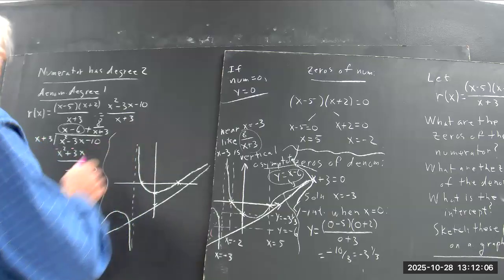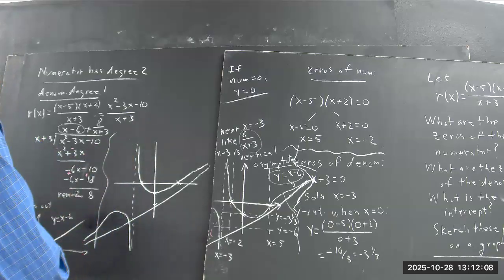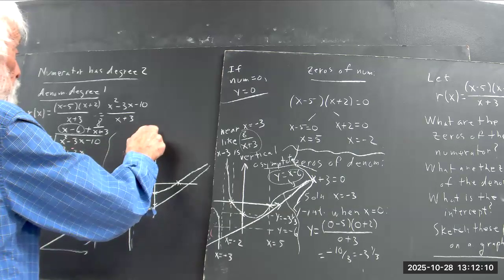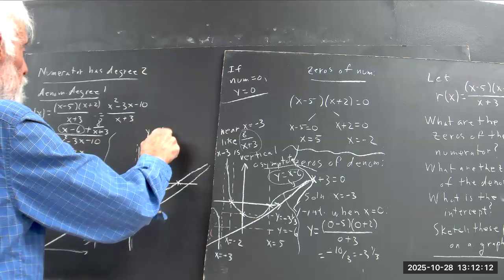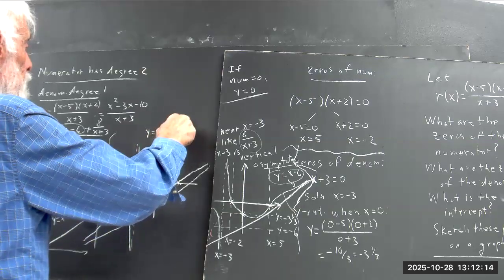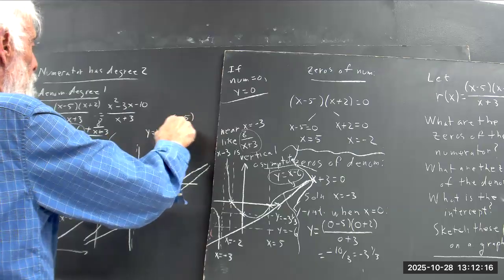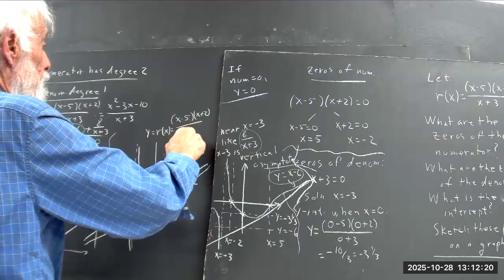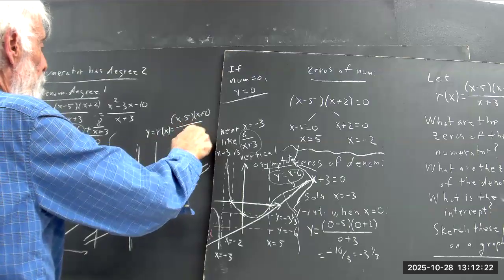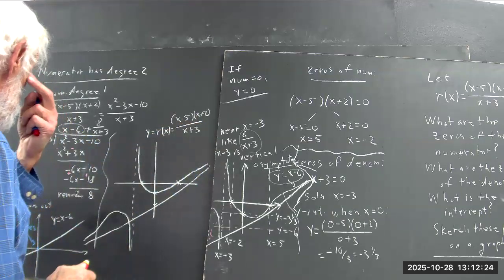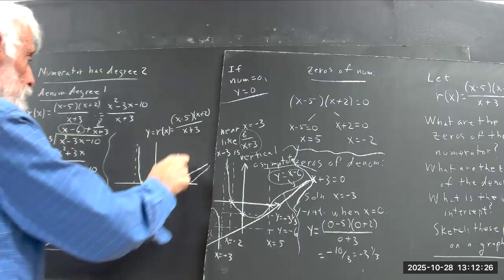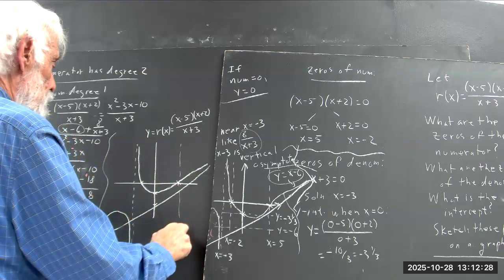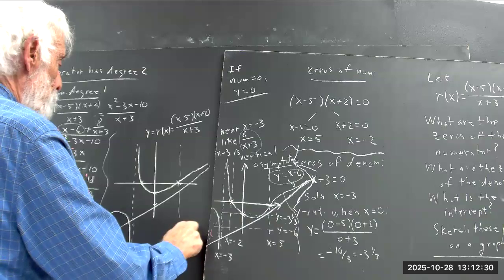All right, so this would be the approximate graph y equals r of x equals (x minus 5)(x plus 2) over x plus 3. And I'll just say, just for scale, here's x equals 5.